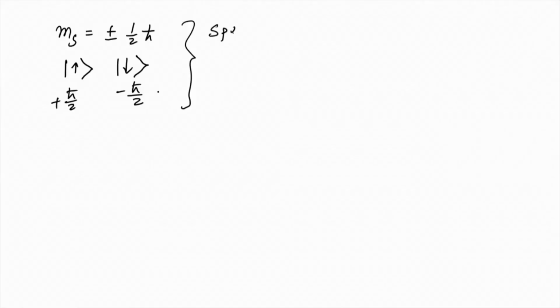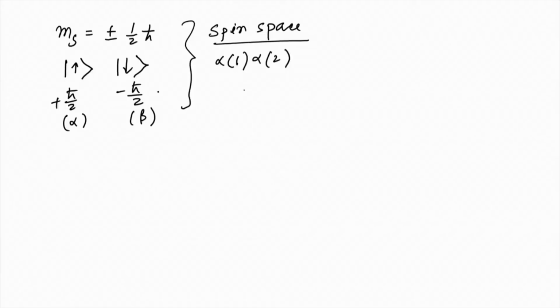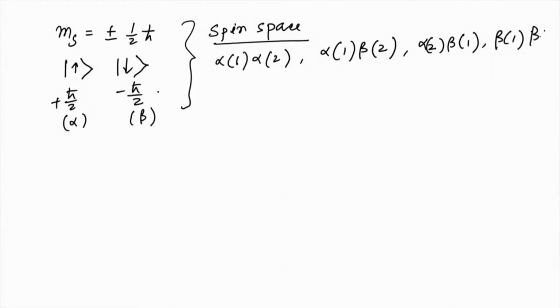The spin space, or the direct product space, is either: we call it alpha and beta, so it is alpha 1 alpha 2, which means both are in up spin states; alpha 1 beta 2 means one of them is in up spin and the other in down spin state; alpha 2 beta 1, the first one is in the down and the second one is in up; or both of them are in the down.